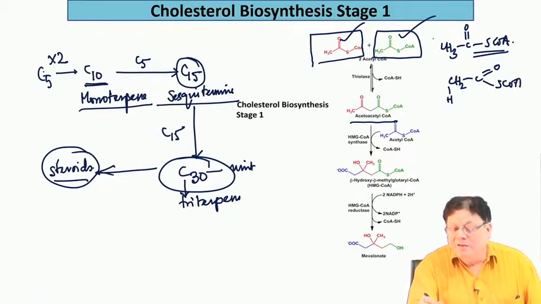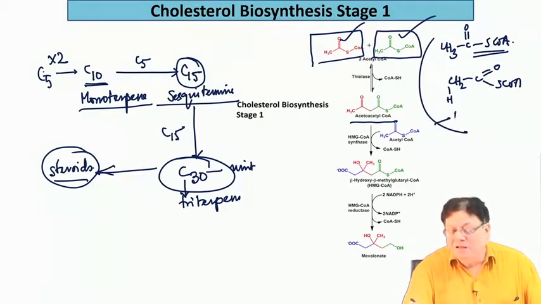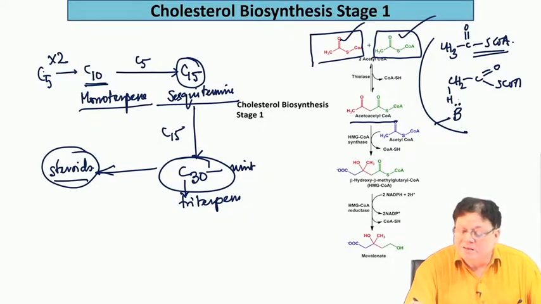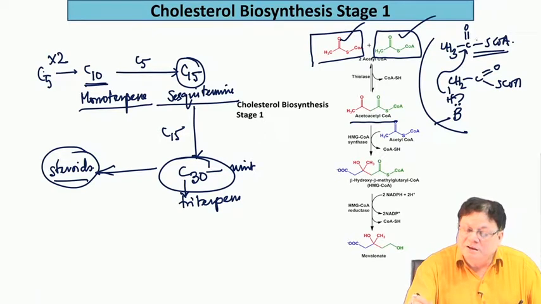In the enzyme system you have a histidine which is a base. That abstracts this hydrogen. This then comes and attacks, and that goes first to the oxygen, comes back and SCoA goes out.